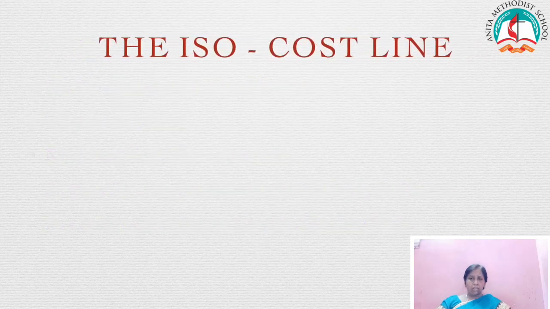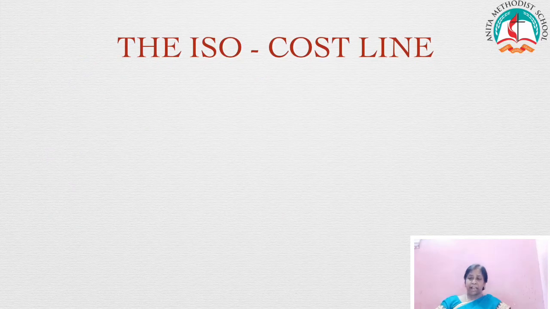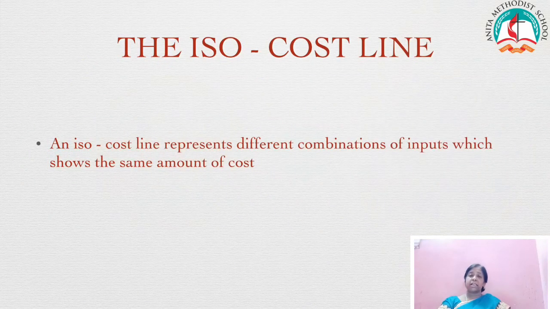Children, the next concept is the iso cost line. The iso cost line is an important component in analyzing the producer's behavior. It is nothing but a budget line. As we have already learned about the budget line, the iso cost line is the same. According to the budget amount, they estimate the cost, and that is known as the iso cost line.